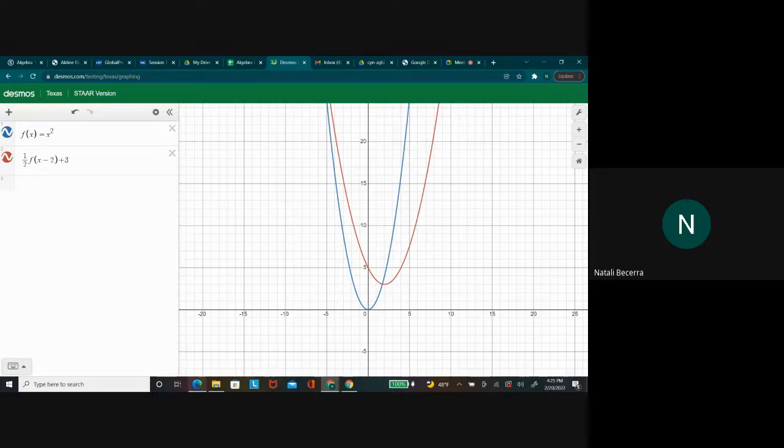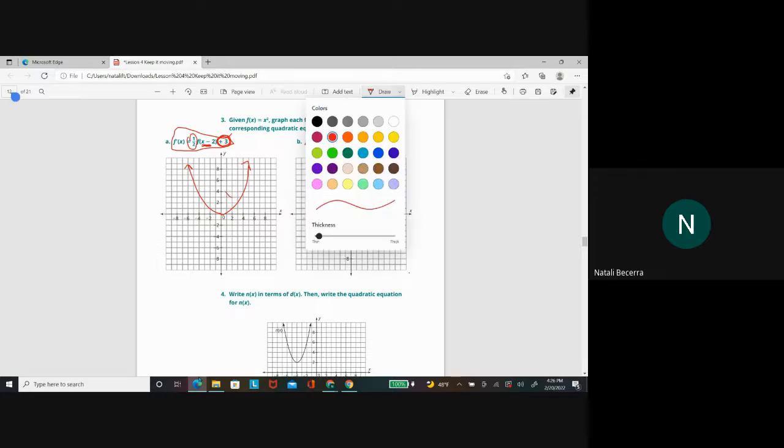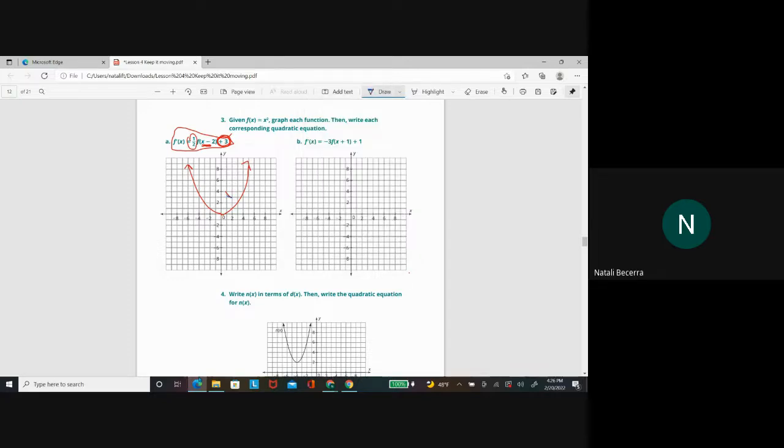So let's go ahead and write that down. The graph went 1, 2, and then up 1, 2, 3. So let me change the color actually. So it's going to be right here, and then it got wider.